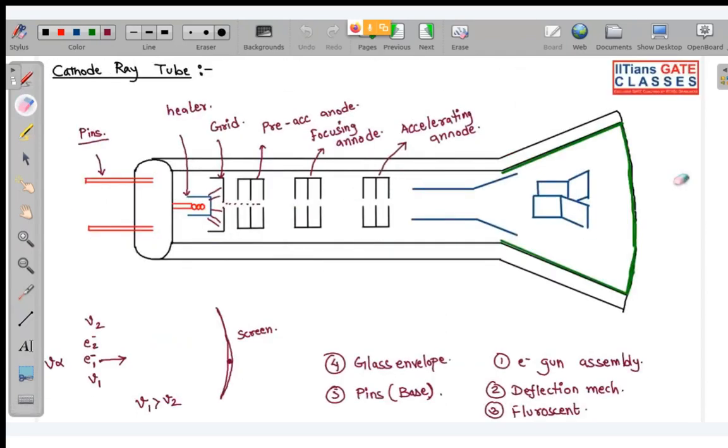So this accelerating anode is the last anode that we have, which is going to accelerate this beam of electrons, because as I told you, there are different mechanisms present here which we are not studying.